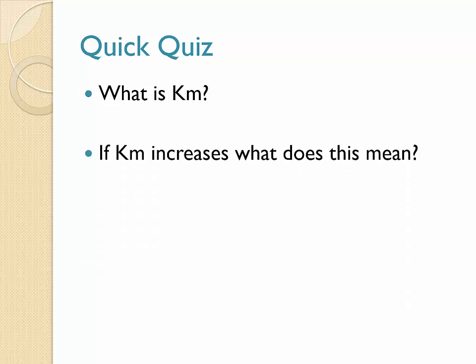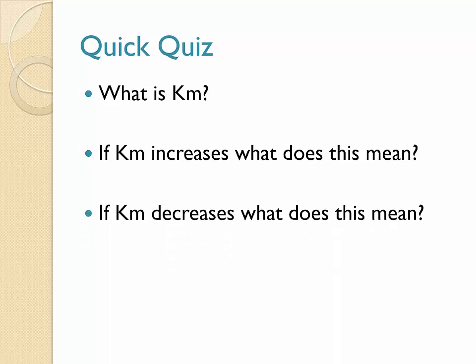If Km increases, what does this mean? If Km increases, it means more substrate is needed to achieve 1/2 maximum velocity. This gives us an idea that perhaps the enzyme is not functioning as well as previously. If Km decreases, what does this mean?